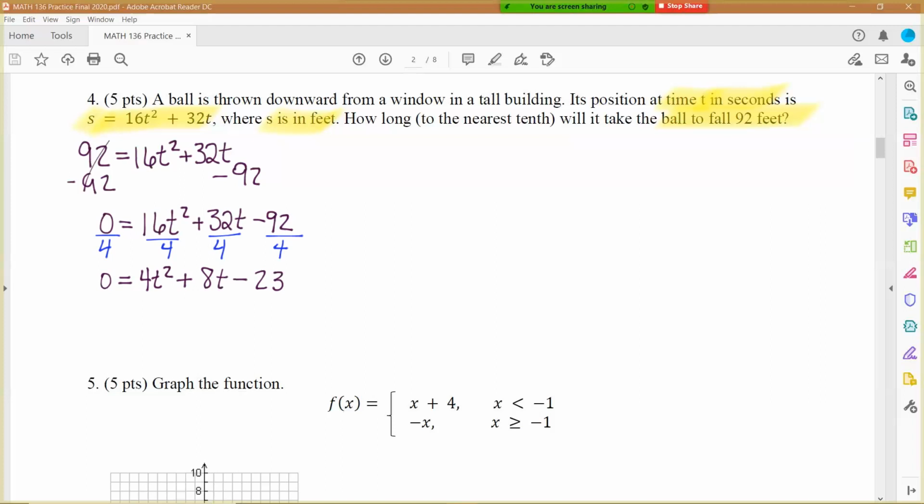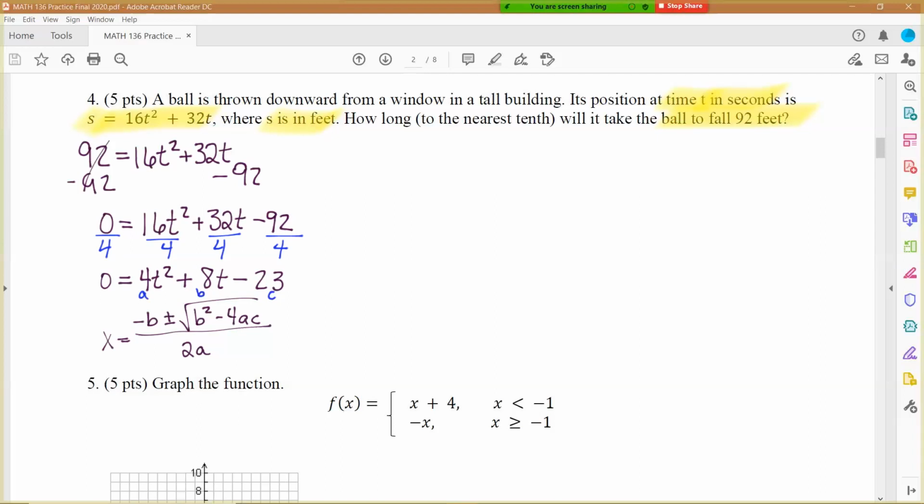So you're going to have to use the quadratic formula. It is given to you on your reference sheet. So remember, x equals negative b plus or minus the square root of b squared minus 4ac all over 2a. So we're just going to plug these 3 numbers into a, b, and c to find our solutions.